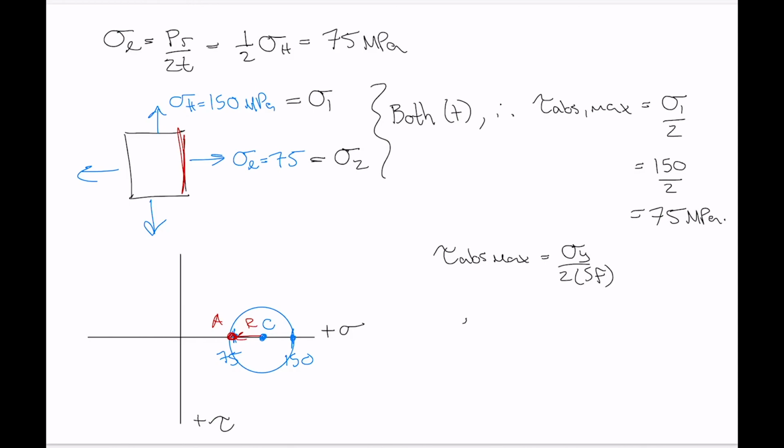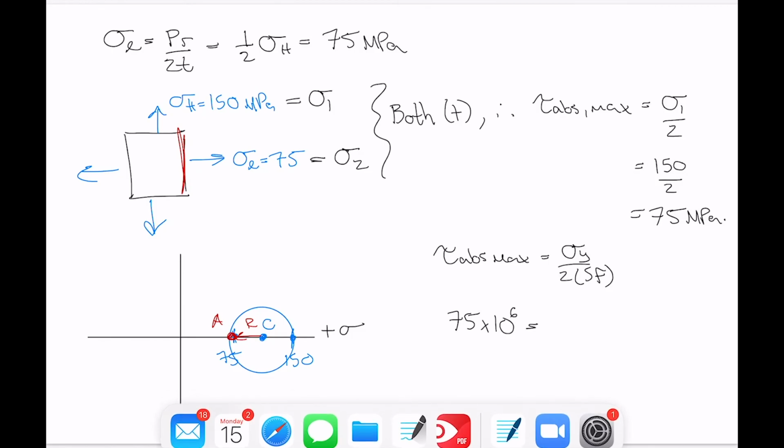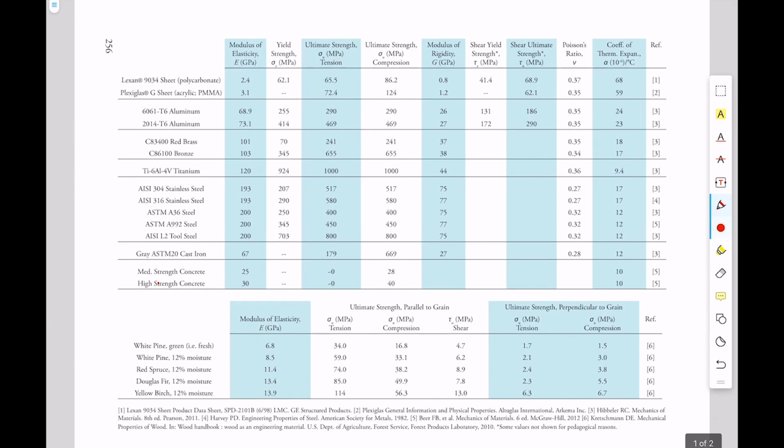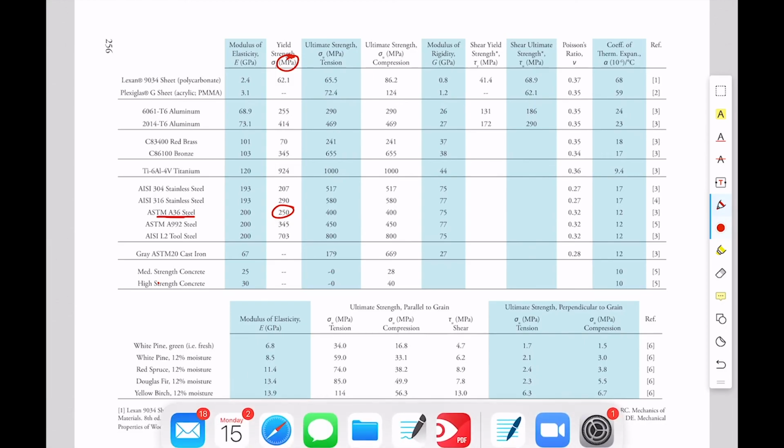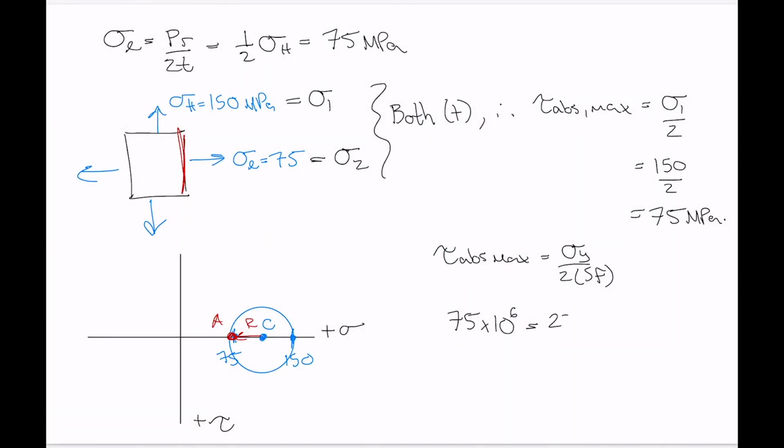The absolute maximum shear stress is 75, so 75 times 10 to the 6 is equal to the yield strength. Let's look at A36 steel in metric. A36 steel, 250 megapascals. So 250 times 10 to the 6 divided by 2 times our safety factor. Solve that, and we've got 1.67. That's our safety factor.